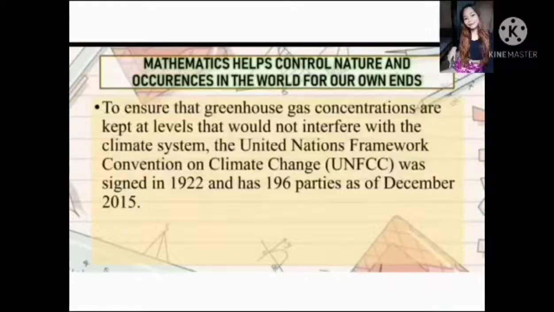To ensure that greenhouse gas concentrations are kept at levels that would not interfere with the climate system, the United Nations Framework Convention on Climate Change, or UNFCCC, was signed in 1992 and has 196 parties as of December 2015.